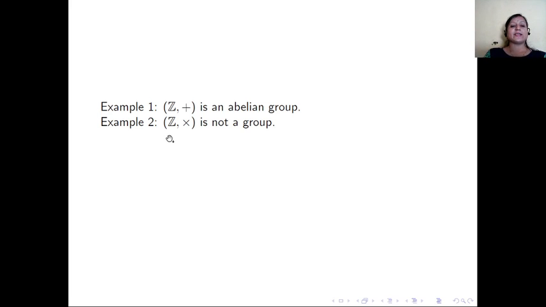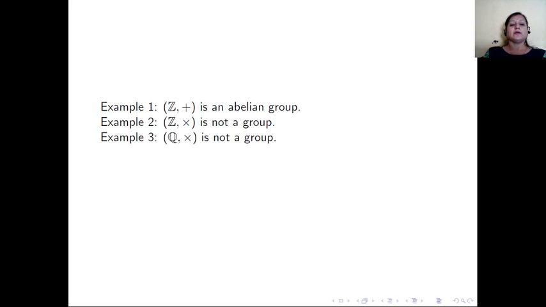Let us consider the element 3 belongs to Z. But for 3 belongs to Z, the inverse does not exist, because there is no element such that 3 into that element is going to be 1. For that, we need that element to be 1 by 3, and 1 by 3 is not an integer. Hence, Z under multiplication is not a group.